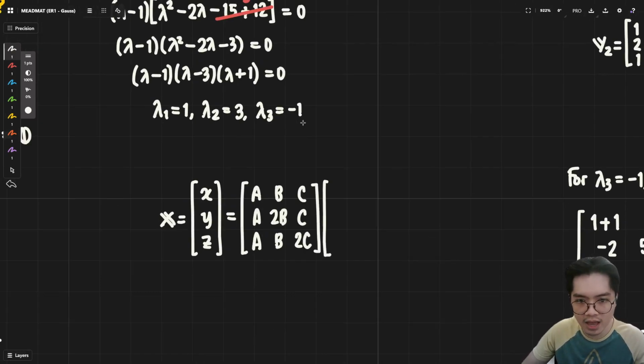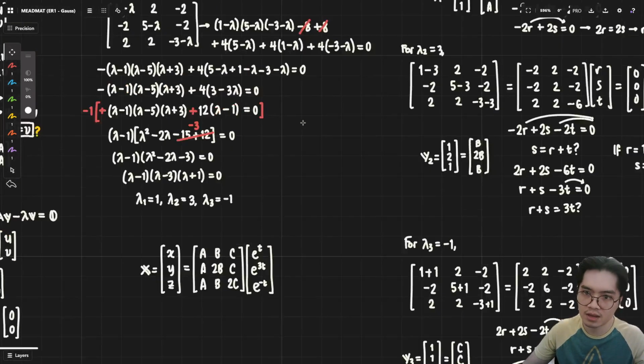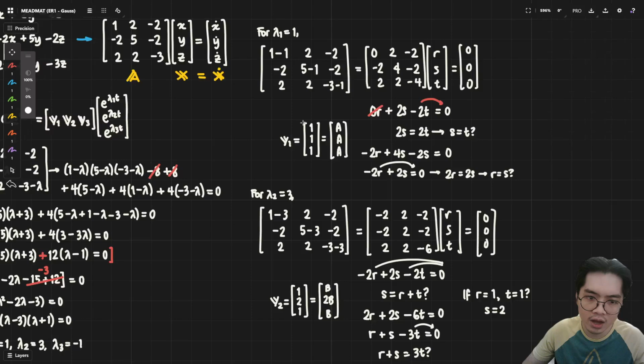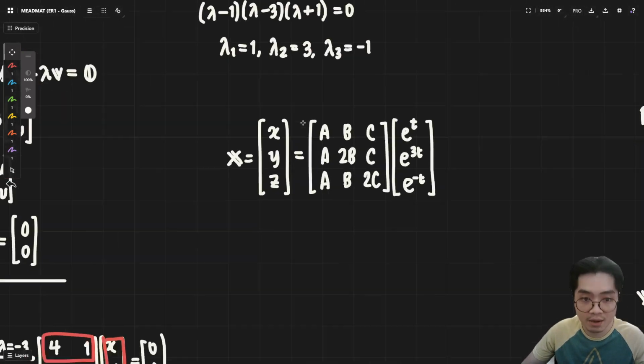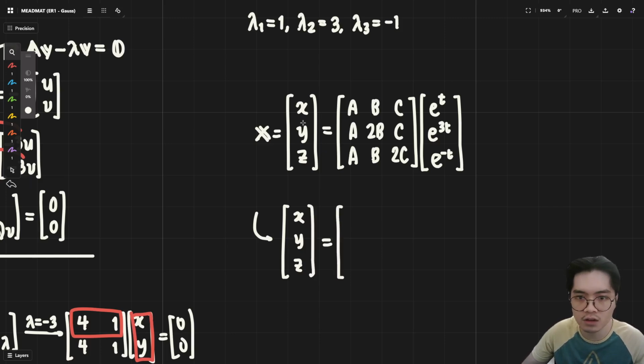And then you will have the three eigenvalues: e raised to t, e raised to 3t, and e raised to negative t. Is that right? 1, 3, negative 1. So that means your values x, y, and z, your functions rather, your general solutions, are as follows.